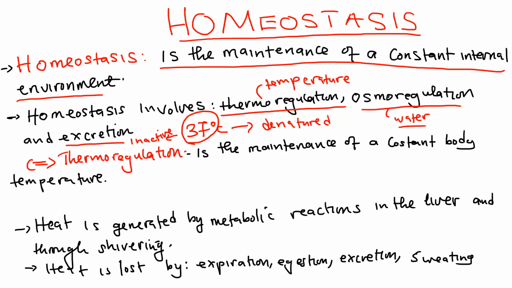The other question we need to answer is how is heat generated in the body? Heat is generated by the metabolic reactions that occur in the liver and also the muscles. It can be through shivering or exercising.